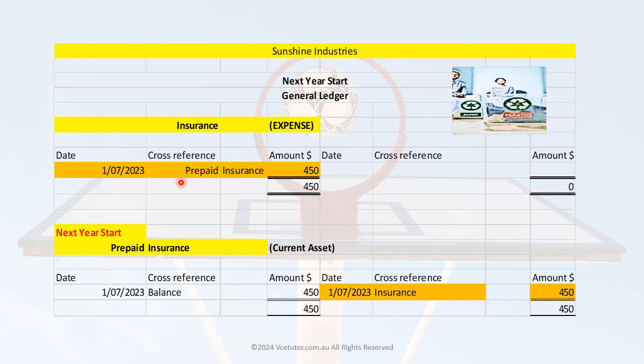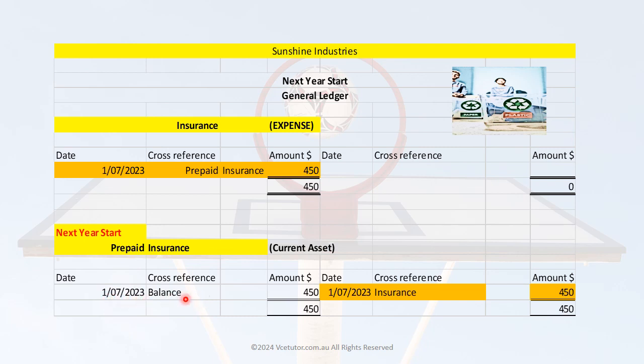Now we reverse it out so that it becomes an expense, insurance for the 2023-24 year. I put it as next year start. If you understand that, you know it should not be on the 1st of July because it should be done on the day when that prepaid is used up, which will be on 31st July, 31st August, 30th September.